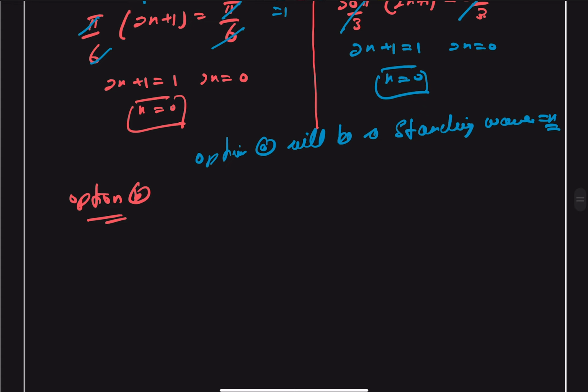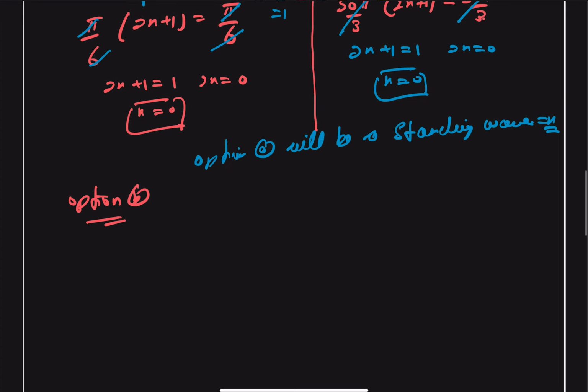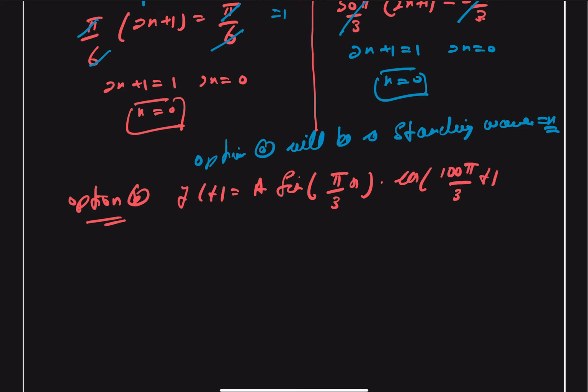So we can write this as y of t is equal to A sine of pi by 3 x multiplied by cos of 100 pi by 3 multiplied by t. Once again comparing with equation 2.